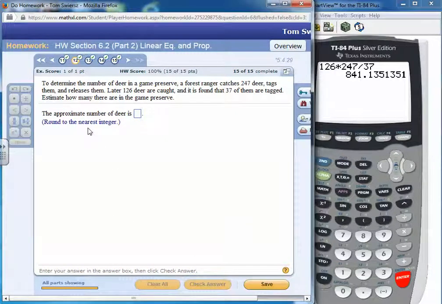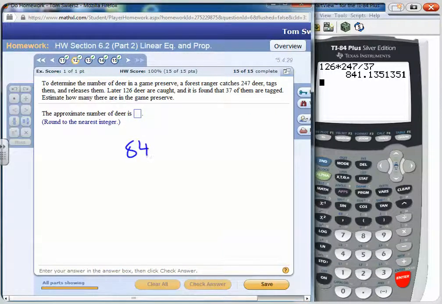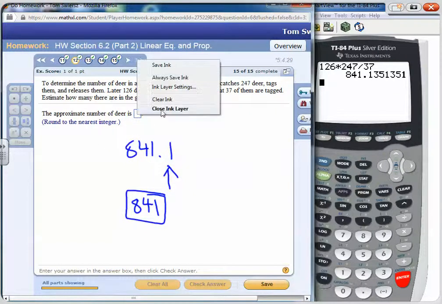So again, the integer is the whole number, 841.1. We have a 1 in the tenths, so obviously it's 4 or less, so we keep it the same or round down. So the answer is 841 to the nearest whole number, which is the nearest integer, to the left of the decimal.